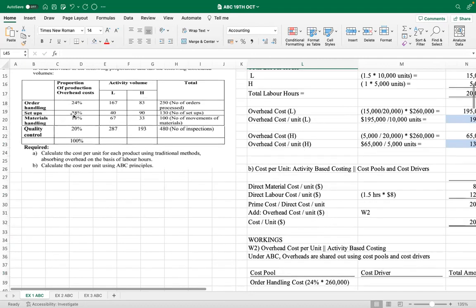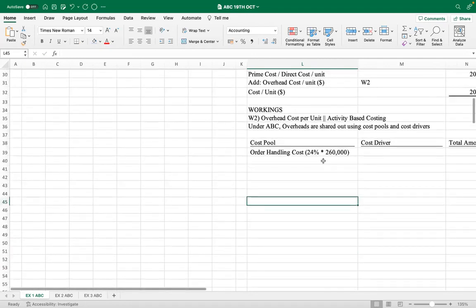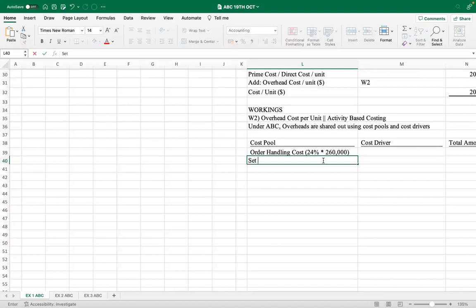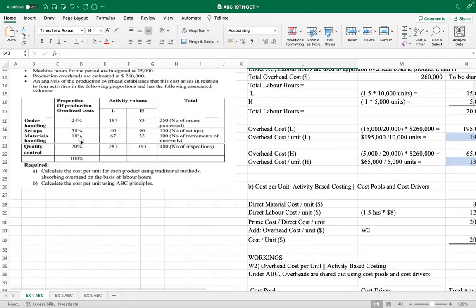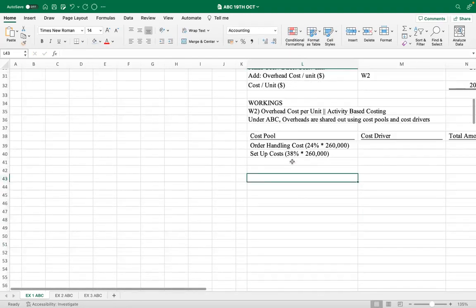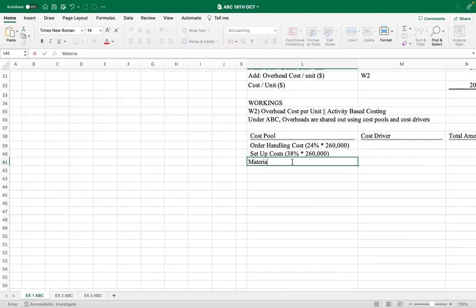Next is setup costs, which is 38%, times 260,000. The total overhead costs, remember, is 260,000. The third cost is material handling cost, which is 18%, times 260,000.